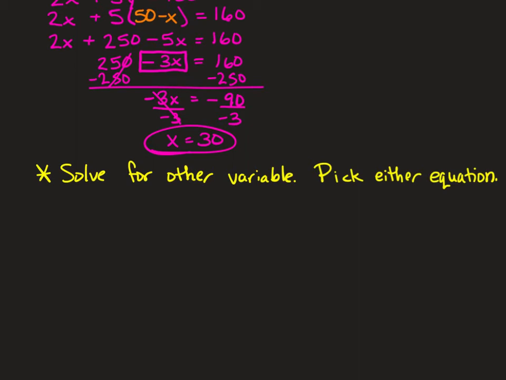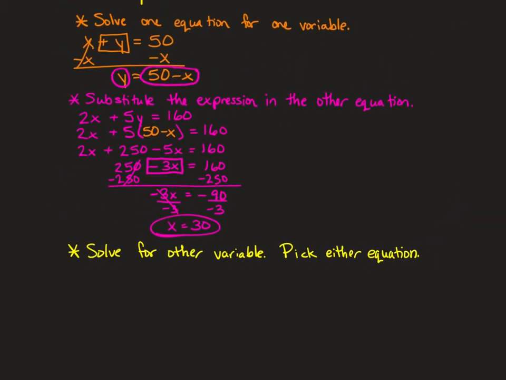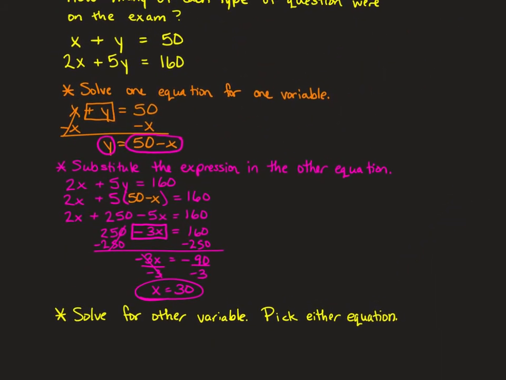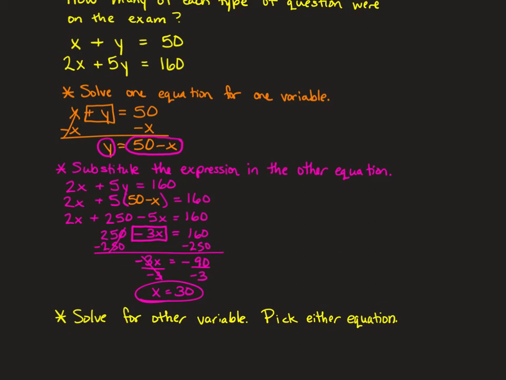Now we're going to solve for the other variable. We found X, we've done most of the work, so we need to get the other variable Y. And we're going to just plug in X to either equation, and we pick the equation. So we'll zoom back out a moment and look up here. We've got the equation X plus Y equal 50, or 2X plus 5Y equal 160. I would prefer the shorter equation, X plus Y equal 50.